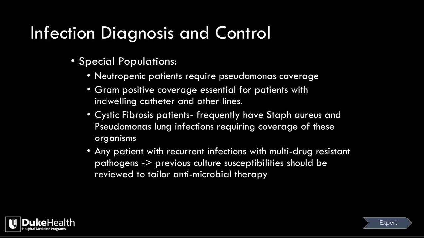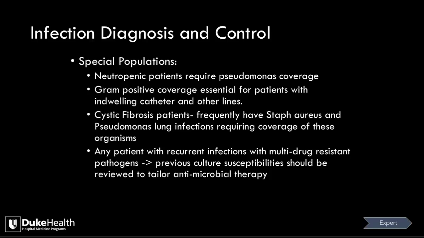Cystic fibrosis patients who come in with a flare of cystic fibrosis with sepsis often get Staph aureus and Pseudomonas and sometimes worse organisms. And any patient that has multi-drug resistant and recurrent infections oftentimes will require heavy gun antibiotics.